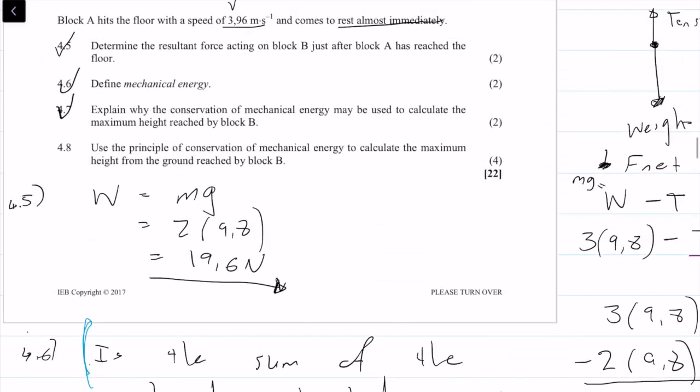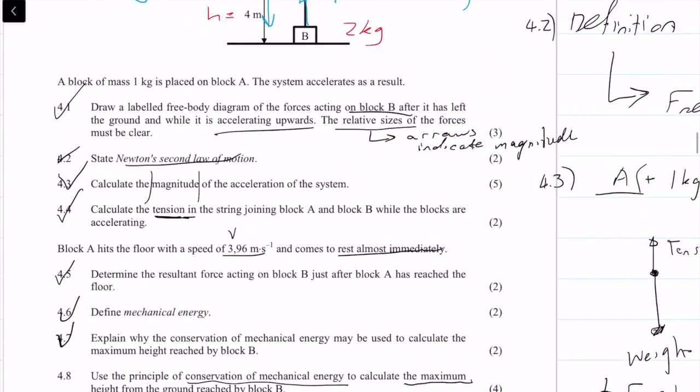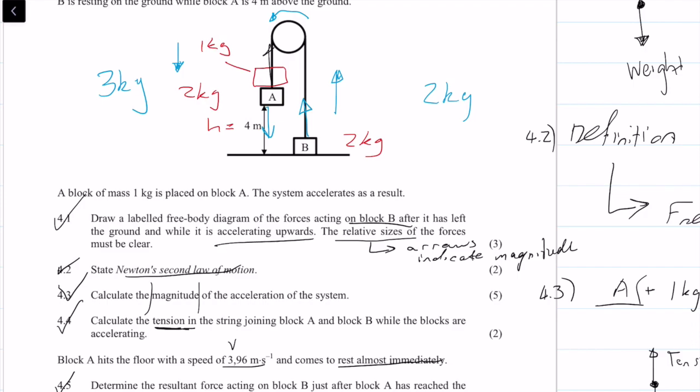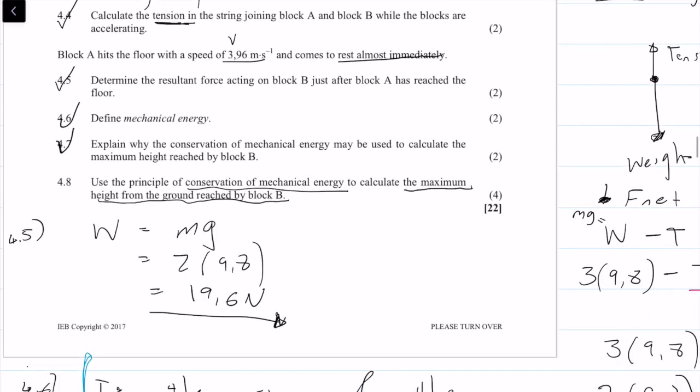It says, use the conservation of mechanical energy to calculate the maximum height from the ground reached by block B. So we want to know the maximum height reached by B. An important thing to realize is that A and B will always move at the same velocity at any point. And why is this? Because they're connected by a rope.